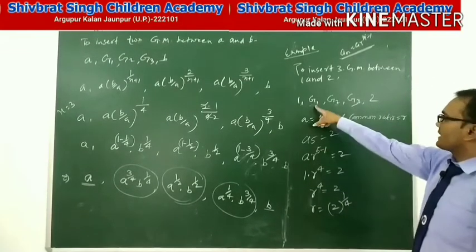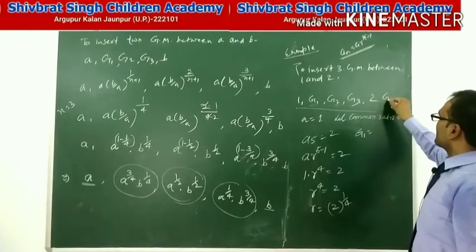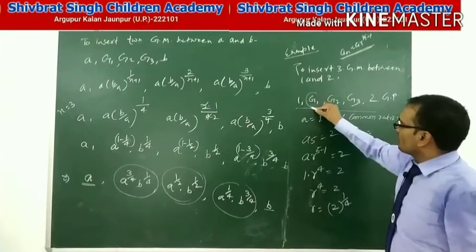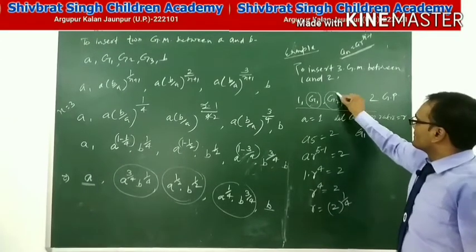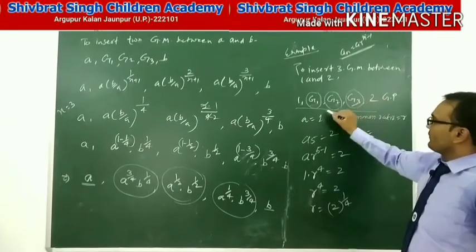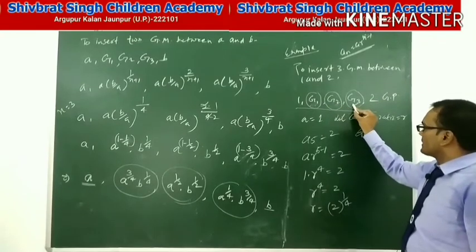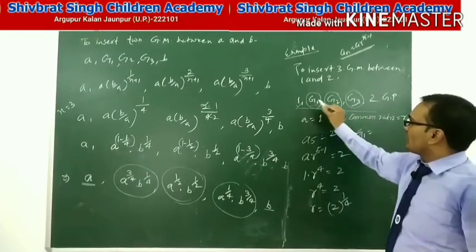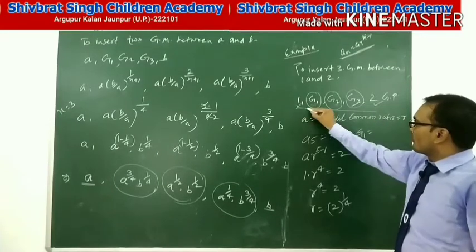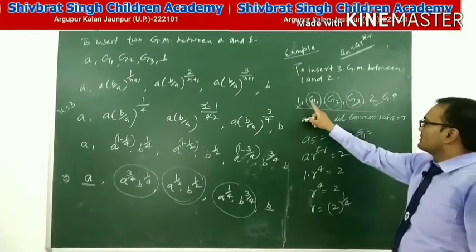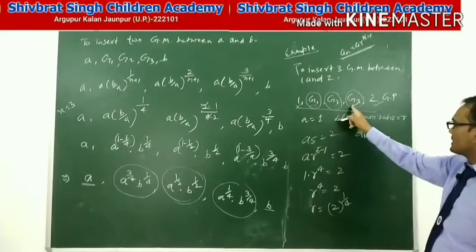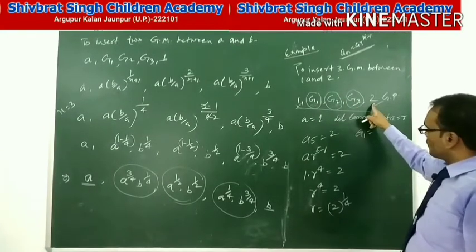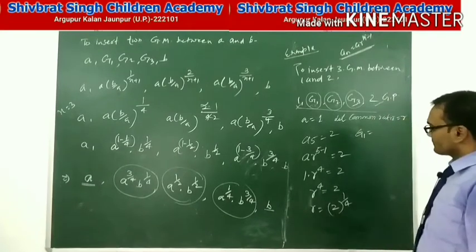Find the value of G1. G1 is the second term of this GP. We can insert three geometric means G1, G2, G3. If G1, G2, G3 are the geometric means between 1 and 2, then 1, G1, G2, G3, 2 is the GP.